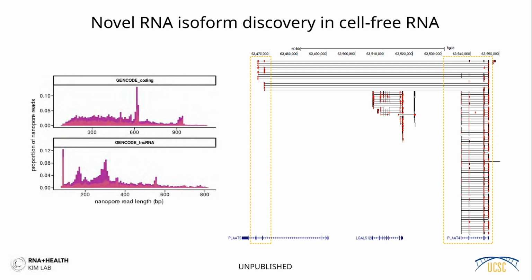And these are novel RNA isoforms that we were able to discover only in cancer patients and not in healthy individuals. And so this is really a powerful platform and powerful technology that really enables us to identify RNA signals that are completely specific to the disease and again not found in healthy individuals, which gives us these very nice biomarkers that are cancer specific.